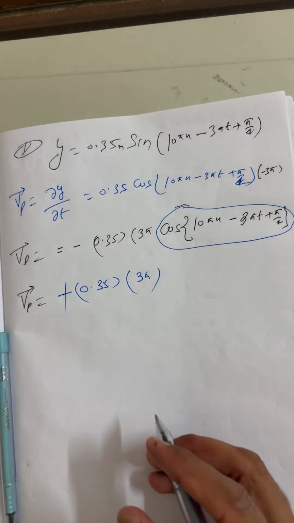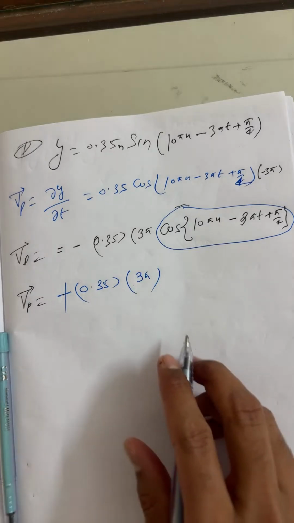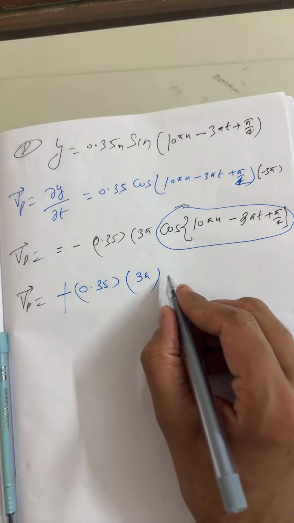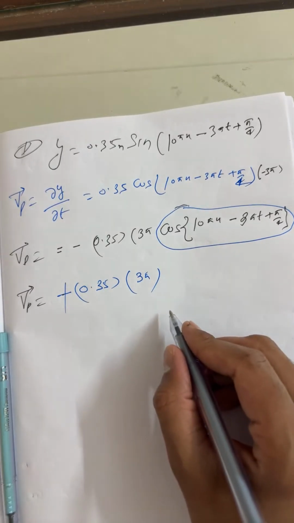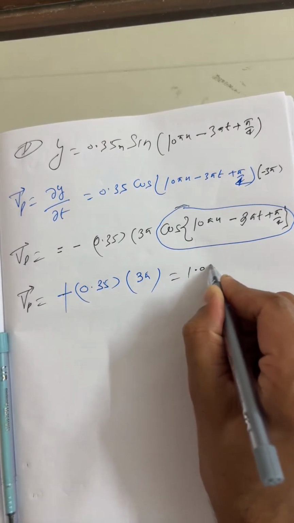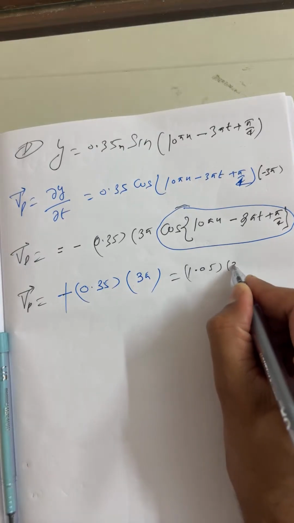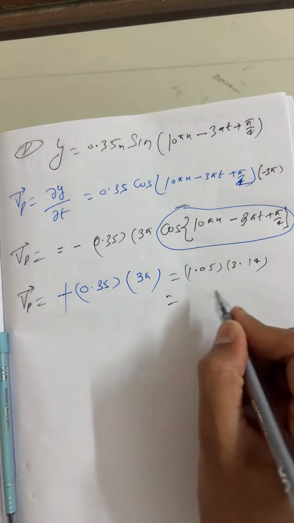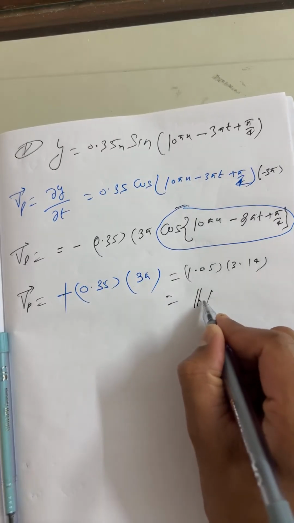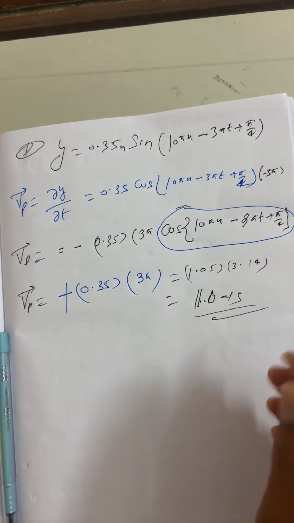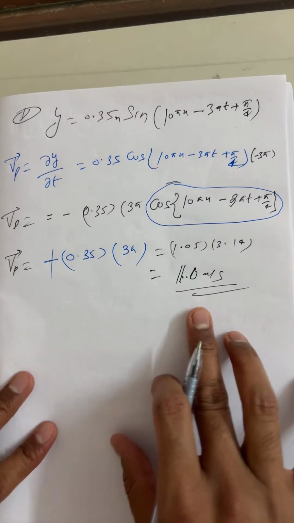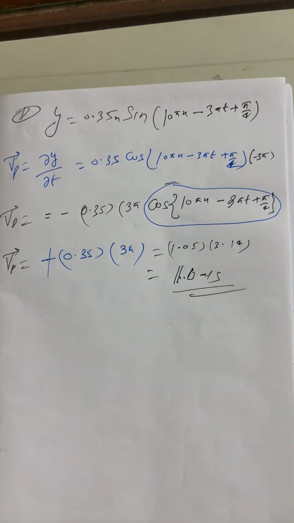Further we can solve these questions: 1.05 into pi, 3.14. Further solving, we get 1.1 meter per second. So this is the maximum velocity of the particle. Okay.